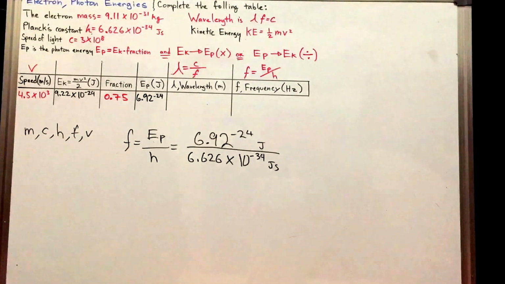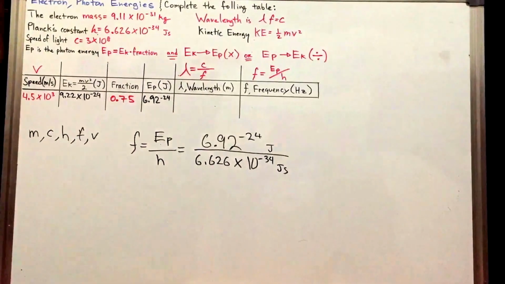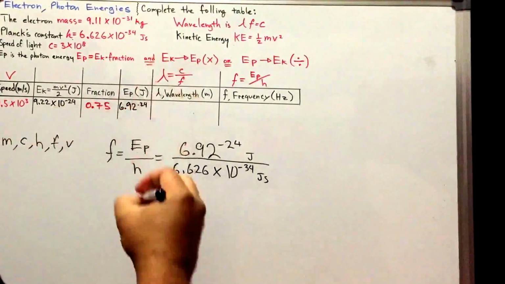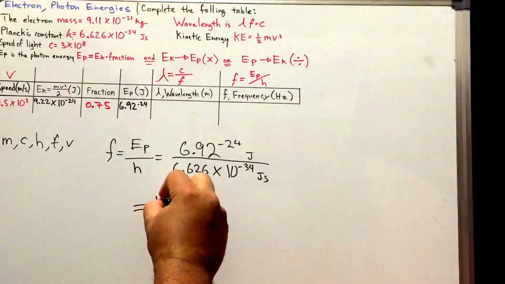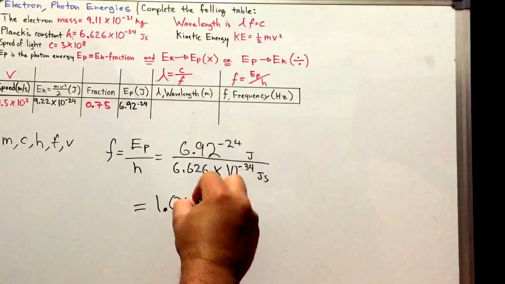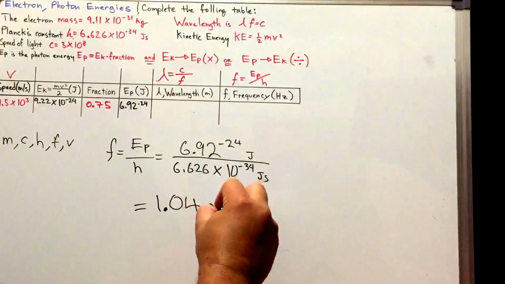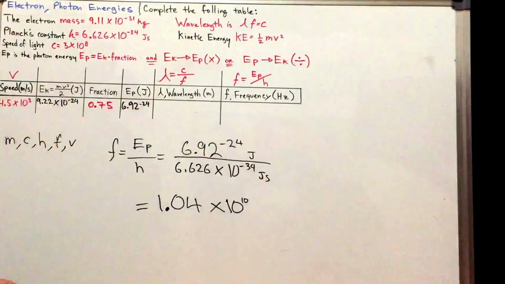So 6.92 EE negative 24 divided by 6.626 EE negative 34. Okay. And the answer you should have gotten is 1.04 times 10 to the 10th power.